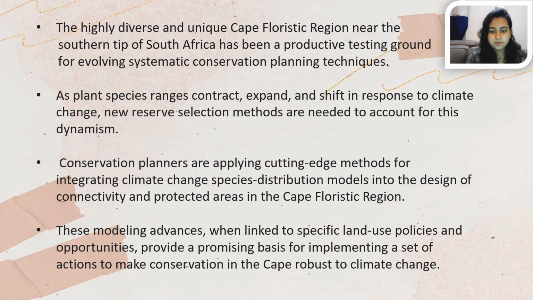Conservation planners are applying cutting-edge methods for integrating climate change species distribution models into the design of connectivity and protected areas in the Cape Floristic region. These modeling advances, when linked to specific land use policies and opportunities, provide a promising basis for implementing a set of actions to make conservation in the Cape robust to climate change.